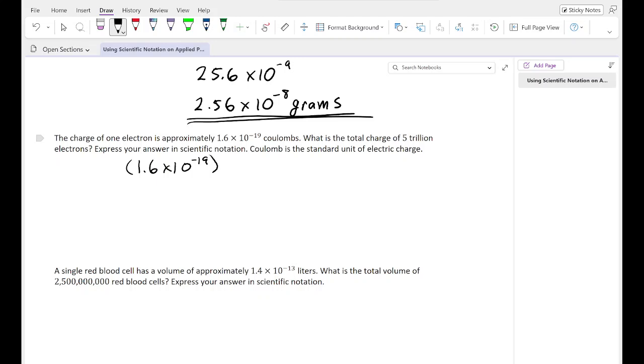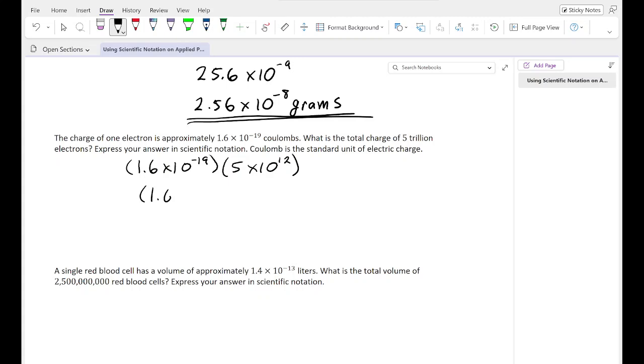If you're not sure, write it all out, and then move the decimal place over however many spots from the right to the left to get the exponent. If you write it out, you're going to end up with 5 times 10 to the positive 12th power. And so now we just do the 1.6 times 5.